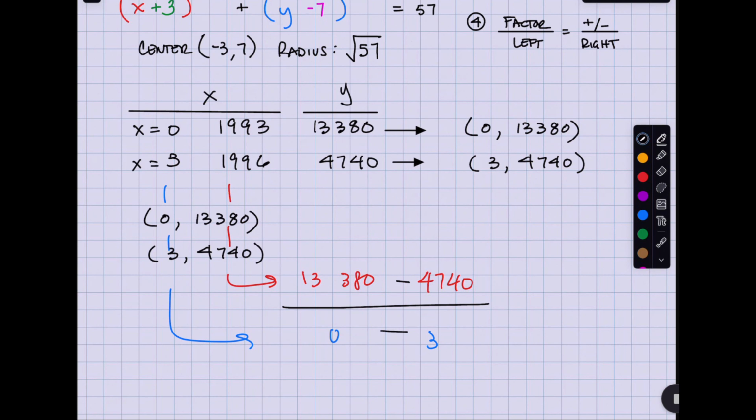If you were to use a second point, you should still get the same thing, because since x is equal to 0 on the first point, that's already telling me that's a y-intercept. So putting in the second point just confirms that, yes, that is a y-intercept, because that's where you find out that 13,380 is the y-intercept.